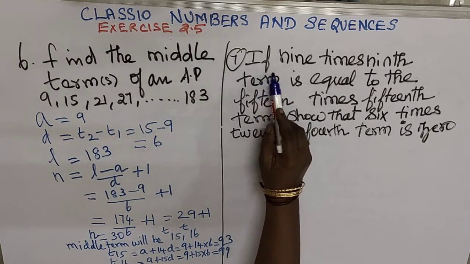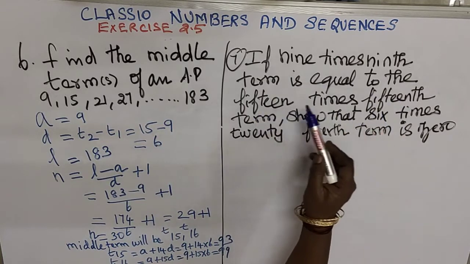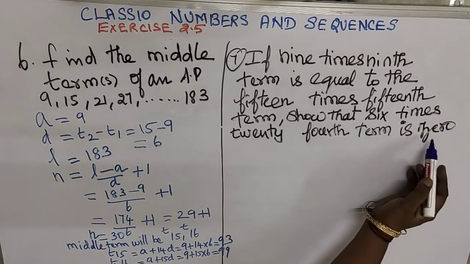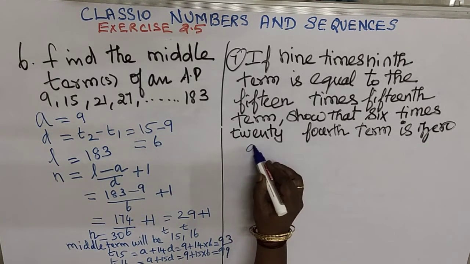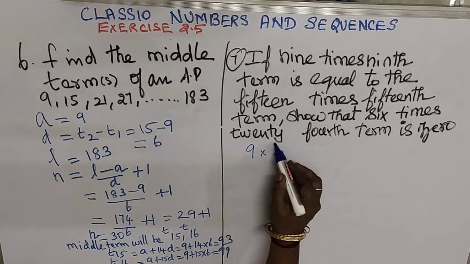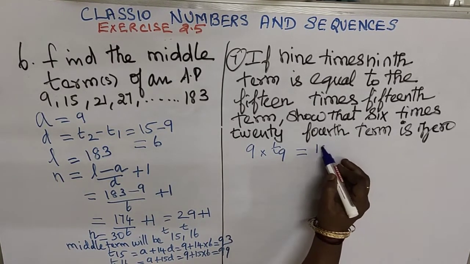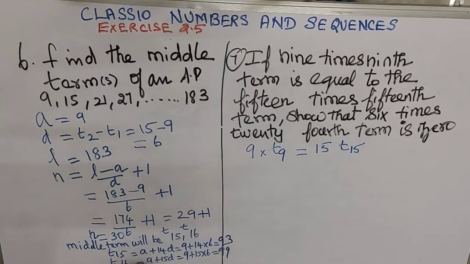Seventh sum. If 9 times the 9th term is equal to 15 times the 15th term, show that 6 times the 24th term is 0. Here 9 times the 9th term is 9 into T9, equal to 15 times the 15th term, T15.